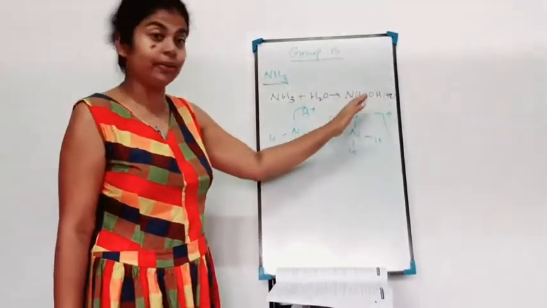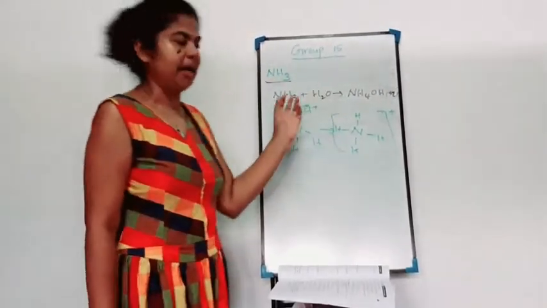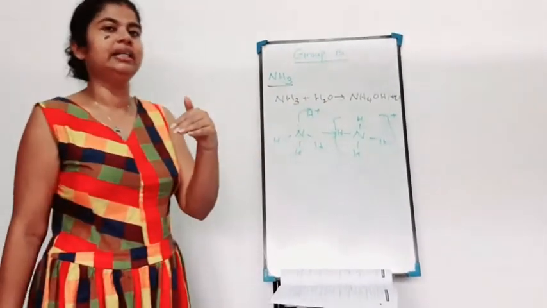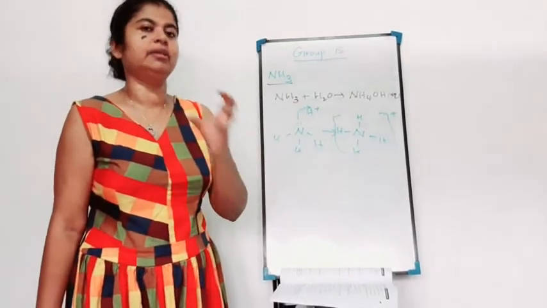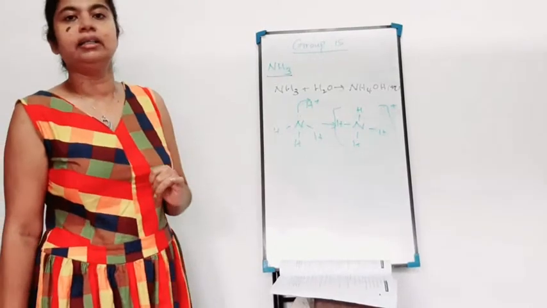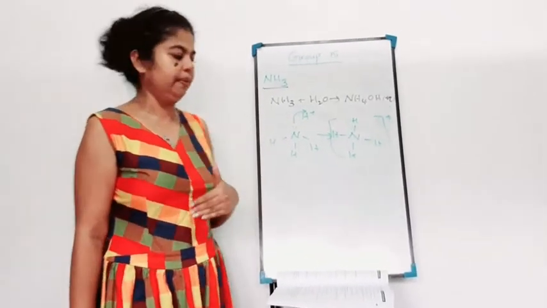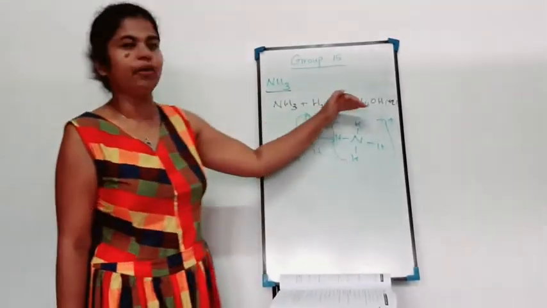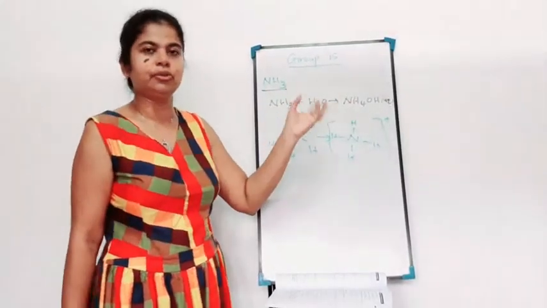This dissociates into NH4 plus and OH minus, right? Not completely. It is partial dissociation. You are going to learn how much dissociation can happen and all the calculations in your 13th unit, chemical equilibrium, right? Up to now we are not going to discuss how this dissociation happens.